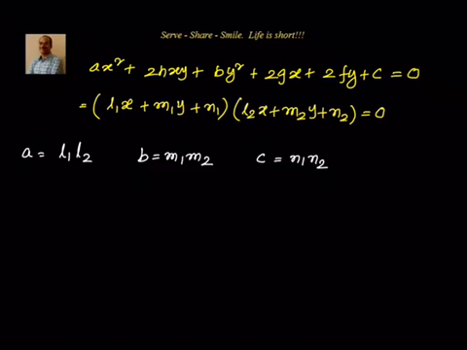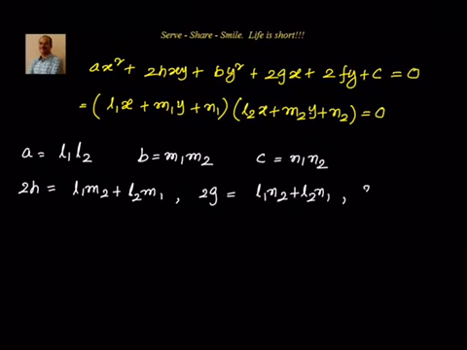What else do we know? We know that for 2hxy, the xy term coefficient is 2h, which should be equal to L1x into M2y plus L2x into M1y. So can I say L1 M2 plus L2 M1? We did this earlier. Similarly, can I write down the x term coefficient, that is 2g, equal to L1x into N2, so L1 N2 plus L2 N1?